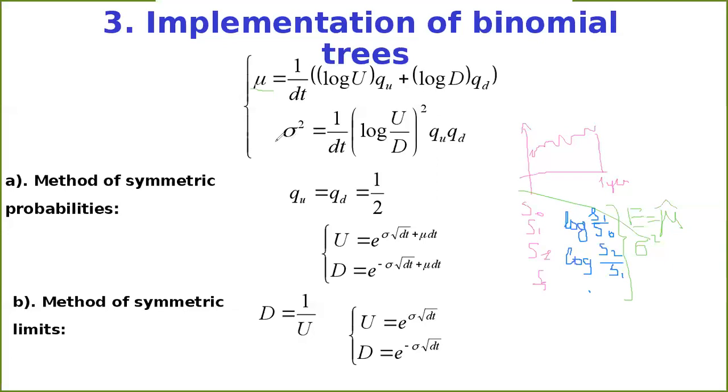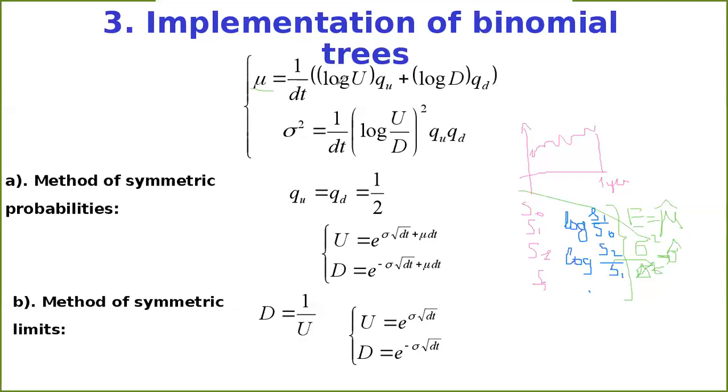So if we would like to have volatility for 1 year, we should divide this volatility by delta t, but in reality it is multiplied by 242 because it is the number of trading days in the year. So we can get the estimate of volatility.